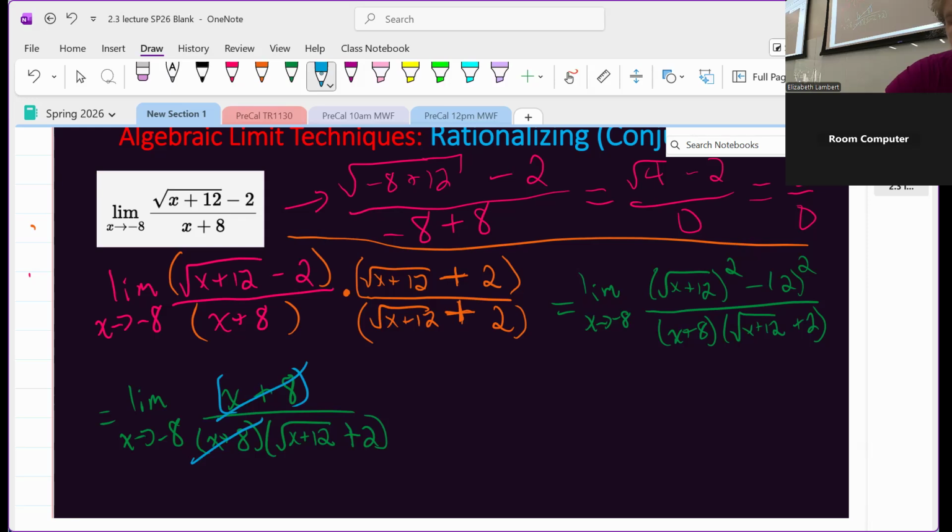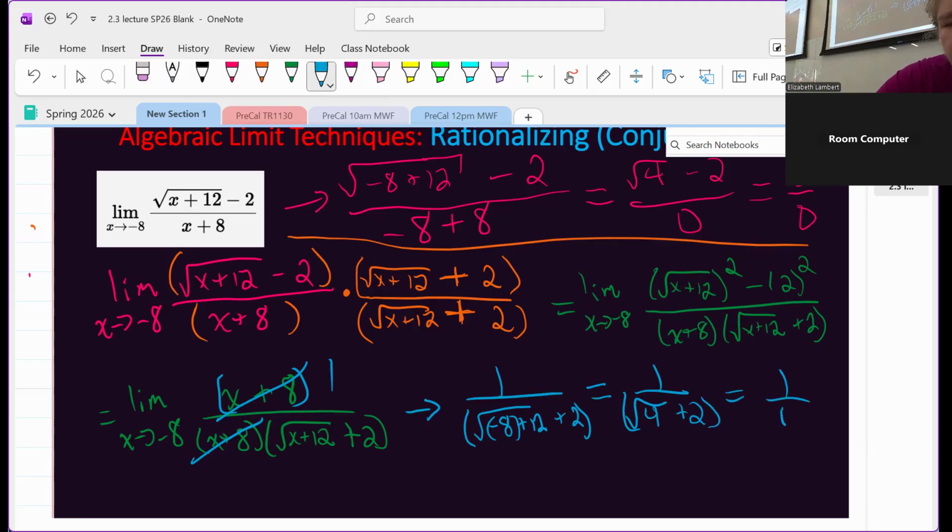Now the x plus 8's cancel. We leave a 1 as a placeholder, and now I can actually substitute in. So I have 1 over the square root of negative 8 plus 12, plus 2. It's the square root of 4 plus 2, 2 plus 2, so this is 1/4.